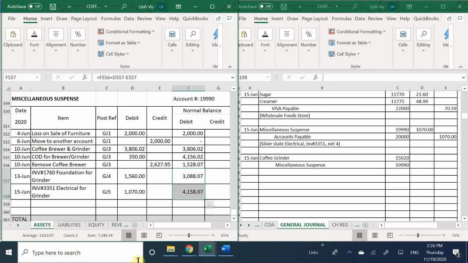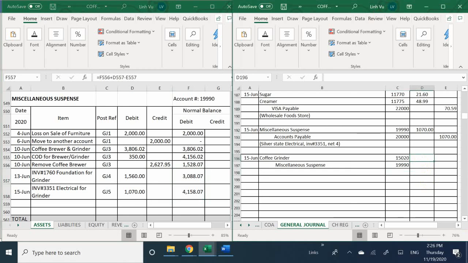So the whole total here is for the brewer and the grinder. But we took the brewer out already. Oh yeah, I see. So then it's the total of the 4,158.07.